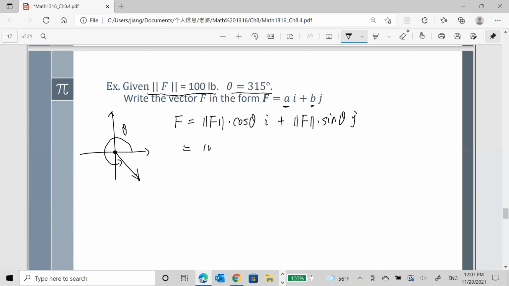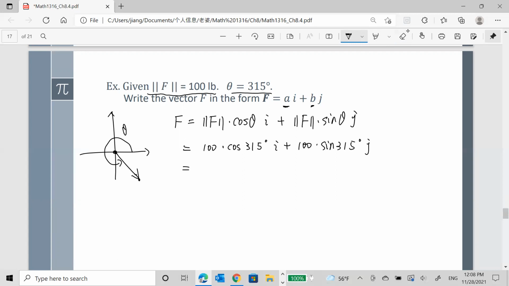And then plug in the numbers: 100 times cosine 315 degrees i plus 100 times sine 315 degrees j.